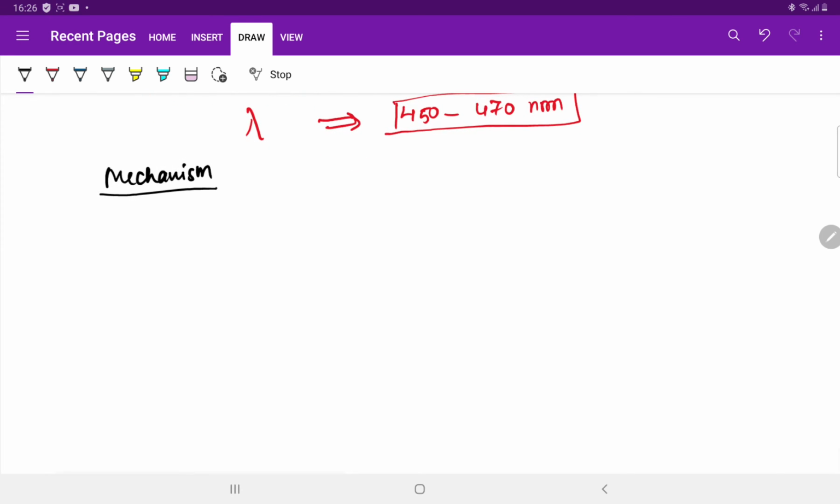So let us talk about it. Mechanism. There are basically three mechanisms with which it works. Let's name them, right?